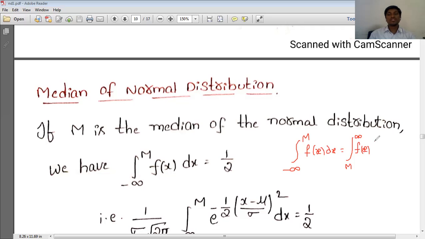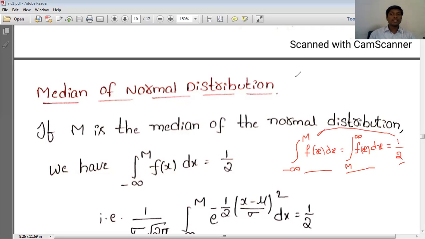This is what we discussed in continuous distributions. It divides the entire distribution into two equal parts, and the point at which it divides, we call the median. So here I chose the first one, the integral from minus infinity to m, for calculating the median m.